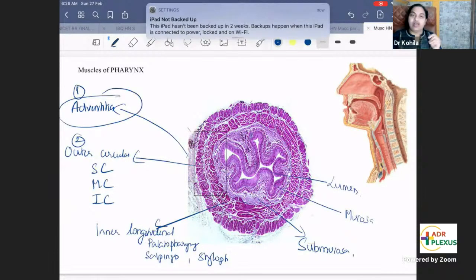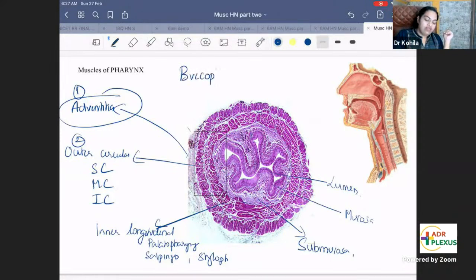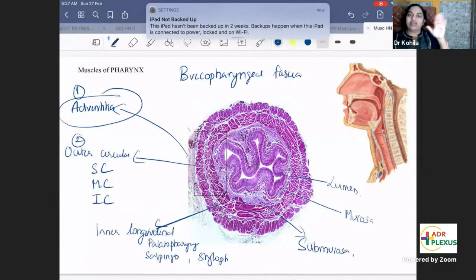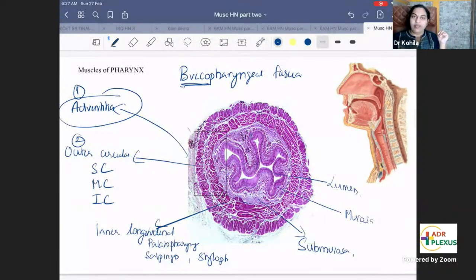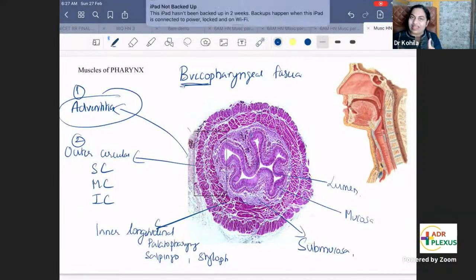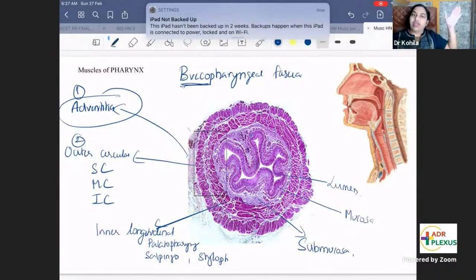The adventitia is the outermost layer which covers the constrictor muscles, and forms the buccopharyngeal fascia. Why is it called buccopharyngeal fascia? Because it not only covers the constrictors of the pharynx, it also extends to cover the buccinator muscle, which we saw yesterday. So the buccopharyngeal fascia is nothing but the outer areolar covering of the pharynx.